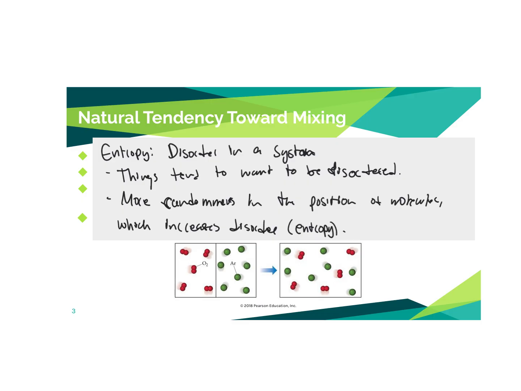And so it's this increase in randomness in this movement that makes mixing favorable.